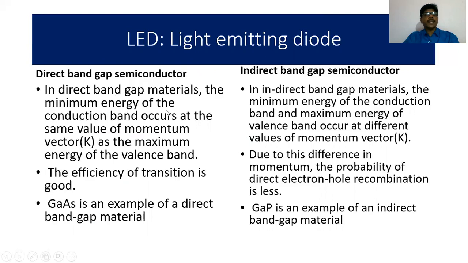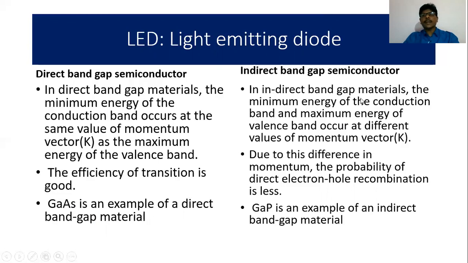In direct band gap materials, the minimum energy of the conduction band occurs at the same value of momentum vector k as the maximum energy of the valence band. The efficiency of transition is good. Gallium arsenide is an example of direct band gap materials. What about indirect band gap materials?